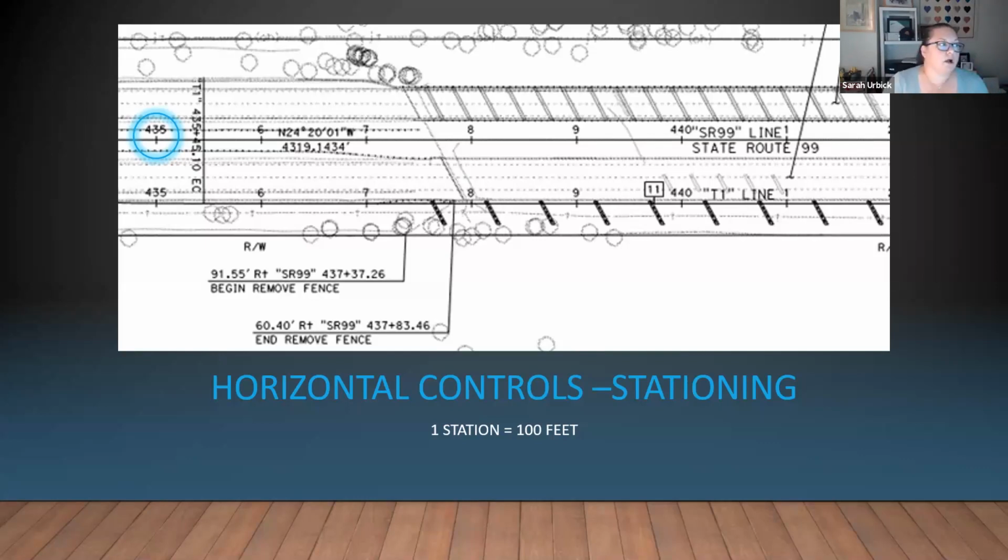So we don't have enough room to write on there the 00, which is the hundredths, right? So we are looking at 43,500 feet. Well, how many feet are in a mile? Anybody remember that? Or can Google it quickly?